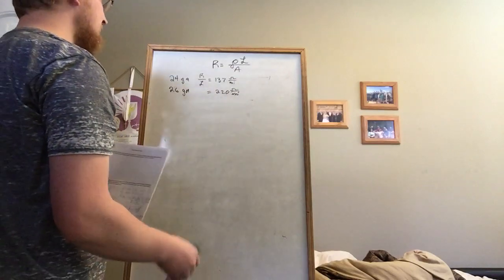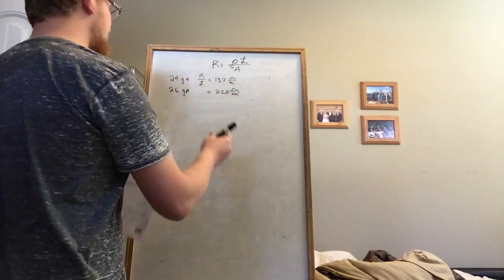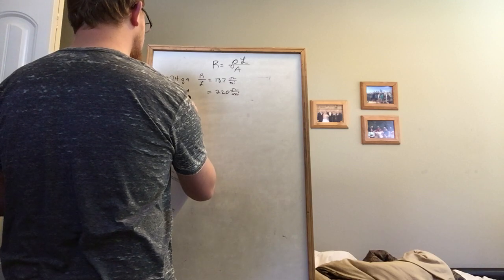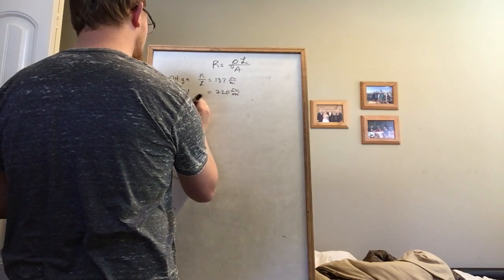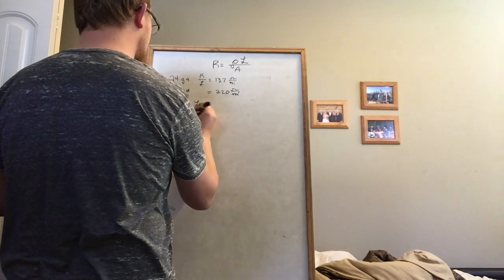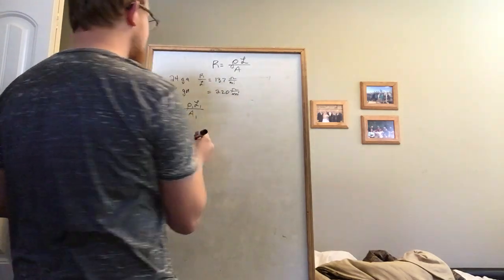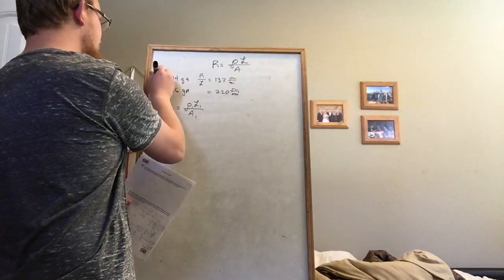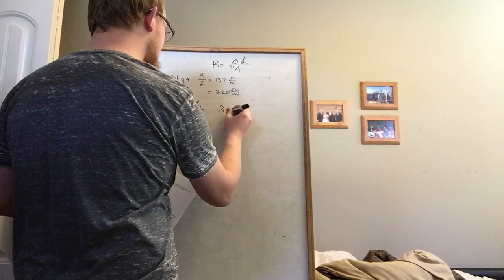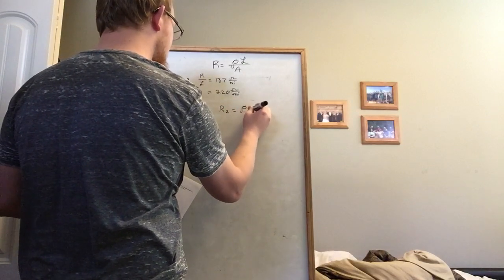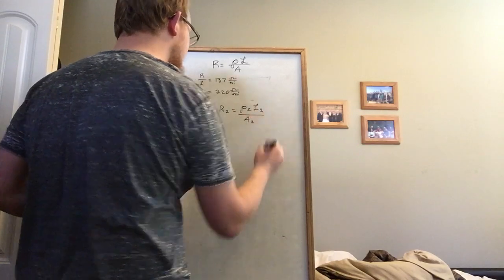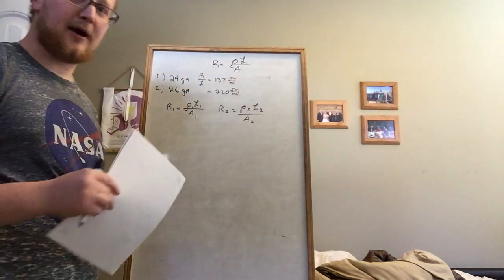Alright, so first thing we're going to do is set up an equation. Resistance 1 equals rho 1 times length 1 divided by A1. That's going to be for the 24 gauge wire, so I'll go ahead and notate that. And then for 2, resistance 2 is going to equal rho 2 times length 2 divided by the cross-sectional area of the 26 gauge wire.